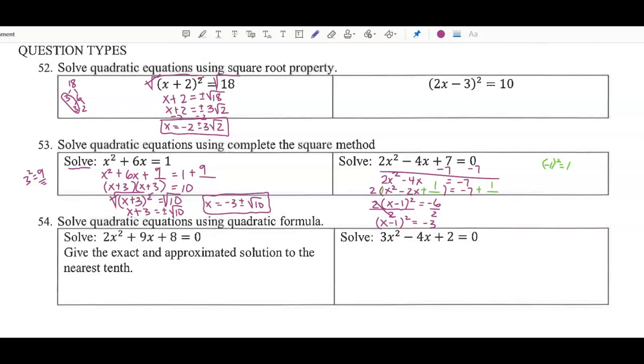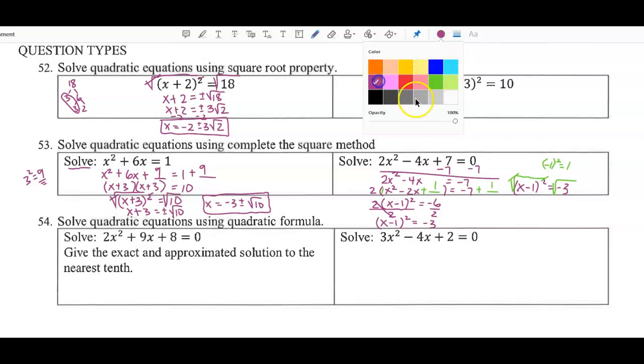And maybe I'll move it over here a little bit so we can see it a little bit better. All right, so now we can take the square root of both sides. And when I do that, I'm left with x minus 1 equals plus or minus the square root of -3.